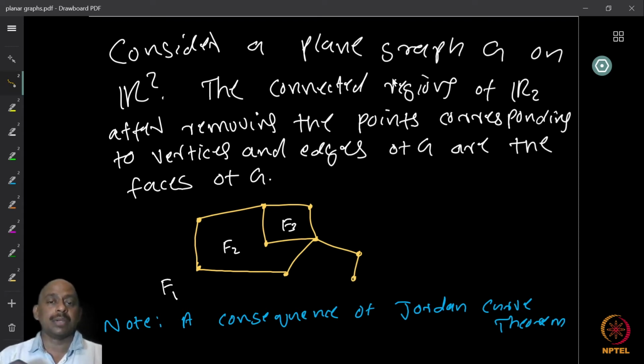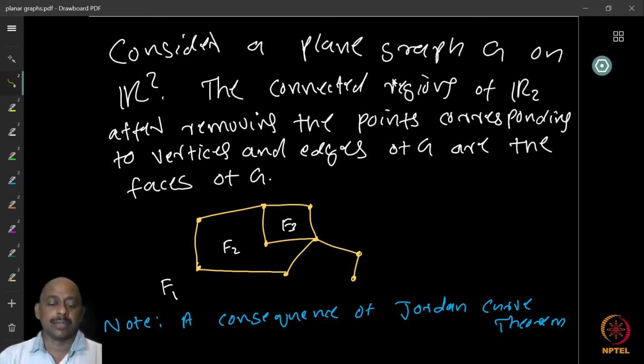If you remove all these points, then the region might get split into several connected components. These connected parts of the region, the remaining parts, are called the faces of the graph.